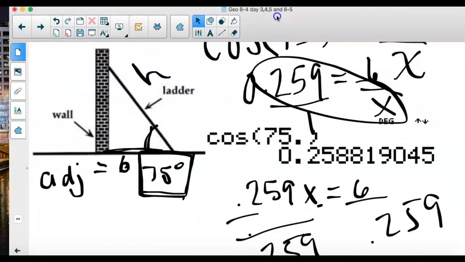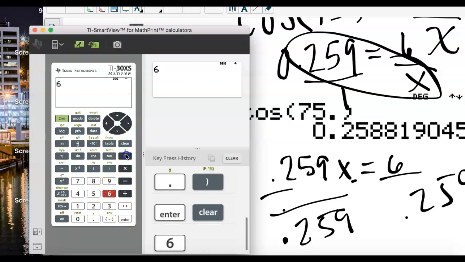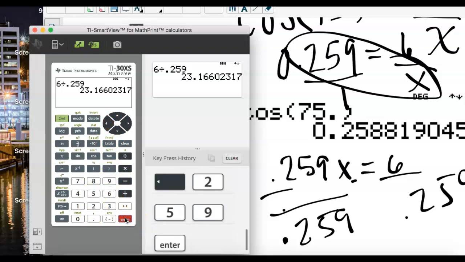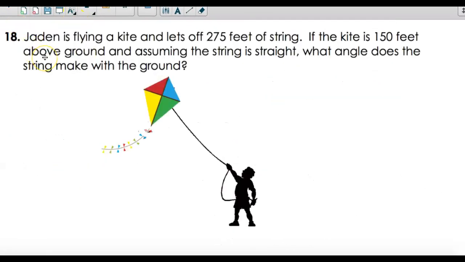So 6 divided by 0.259 is about 23.17. So the ladder itself is going to be 23.17.